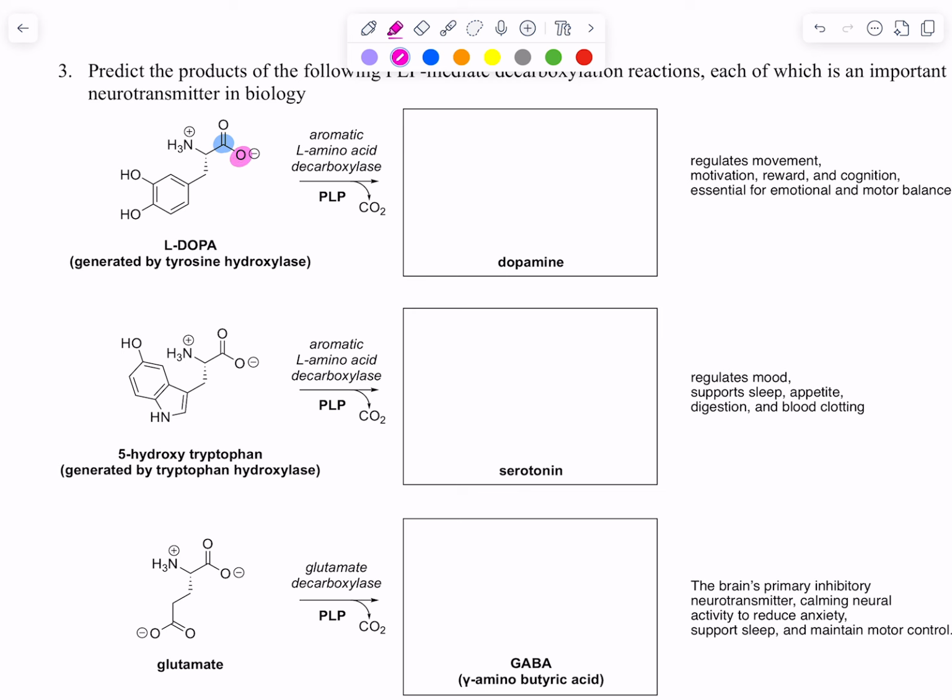If you need a reminder, PLP is going to make an amine with the amino group, turning all of this into a good leaving group, and then an elimination reaction is going to happen.